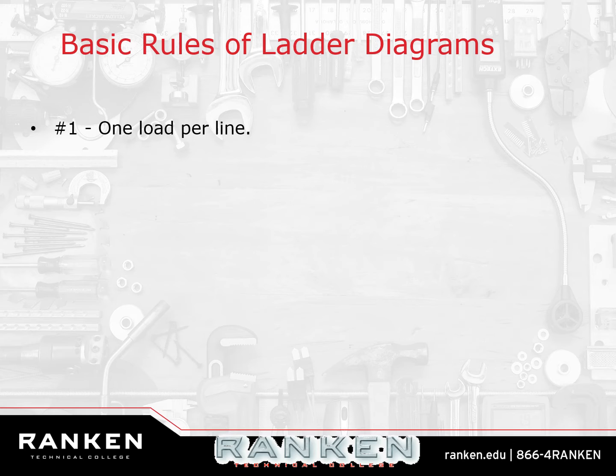First rule of ladder logic is 1 load per line. Why do we only put 1 load per line? You may know. Why is that a rule? Because I said so? Kinda. So what happens to voltage with 2 loads in series? It divides the voltage, right?